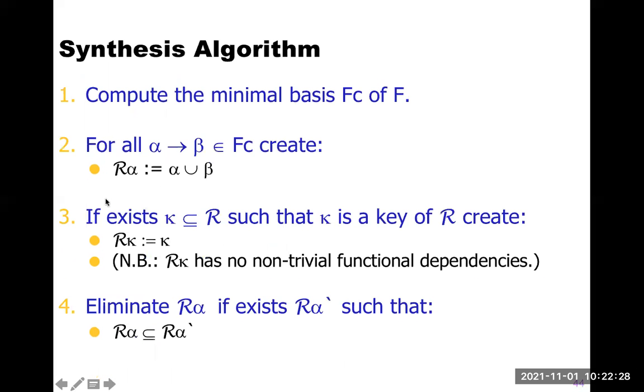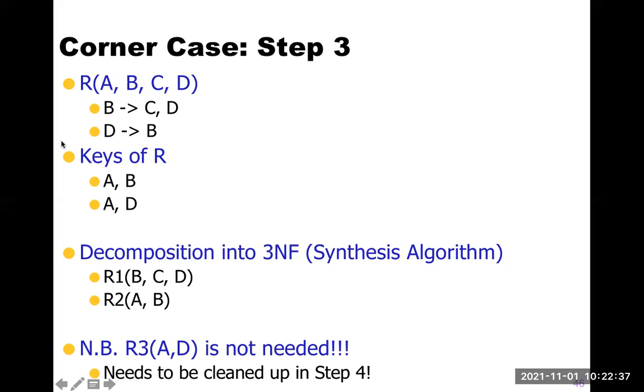So if I have a key for a table, then I need to create a table that contains only these columns. And keys are found by the augmentation rule. So I need to find column sets that define everything else. And in this case, I can find two different keys using the augmentation rule.